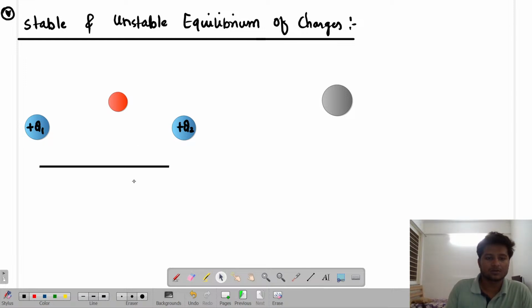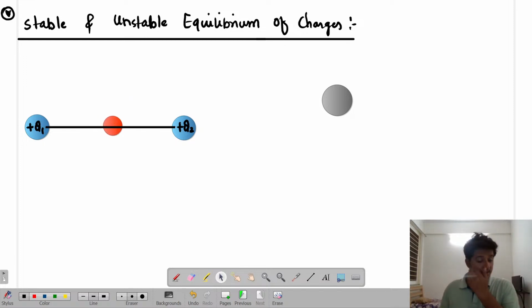Let's suppose I call this charge a positive charge, plus a small q. So there are two different cases which we are going to discuss today. So this is plus q, which is placed over here.